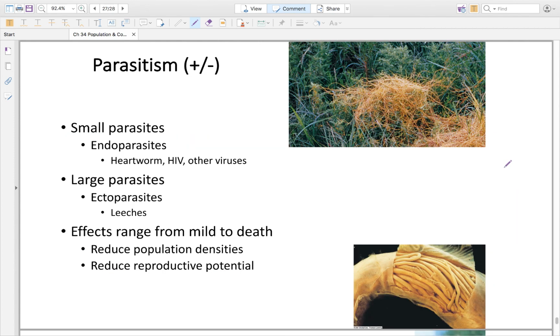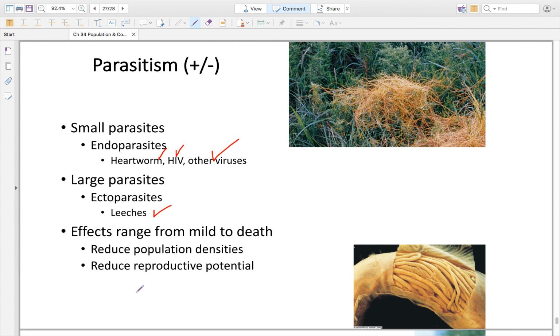Okay, next, parasitism. Parasitism is very simple. We have small parasites, large parasites. Small parasites are endoparasites. These are heartworms, HAV, viruses, bacteria, anything that infects inside the host. Large ectoparasites are like leeches or lampreys.